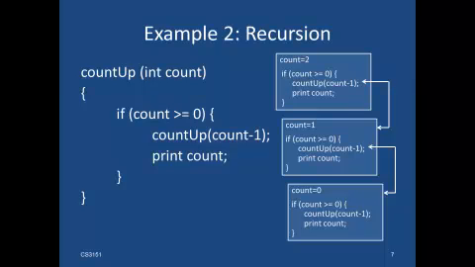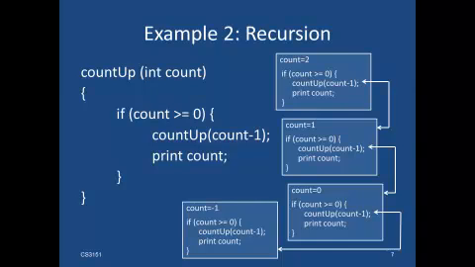Now the third execution of count_up starts. Note that each execution of the method starts with the first instruction of the method, that is with the if statement in this case. Since count is 0, the body of the if statement is again executed. When the call to count_up is reached, a fourth fresh copy of the method is made where count has value -1.